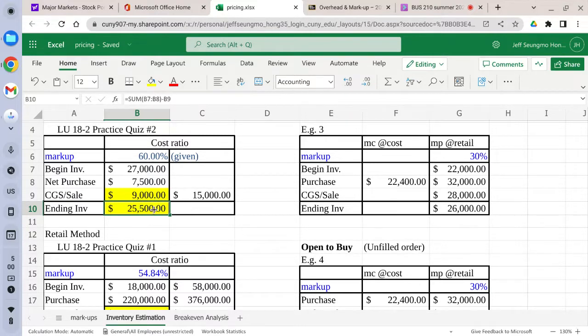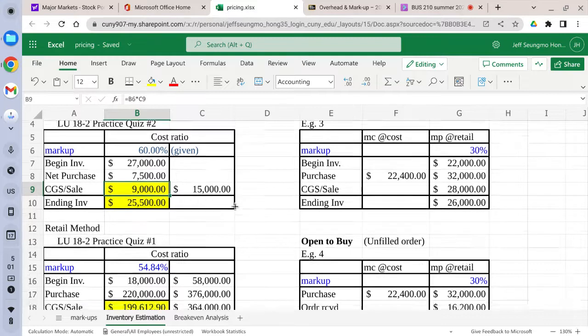And then, by looking at the ending inventory and checking it with their income statement, if it is significantly different from this, that is a red flag. The red flag will go up. CGS as well: if the declared CGS is significantly different from this, the red flag goes up.